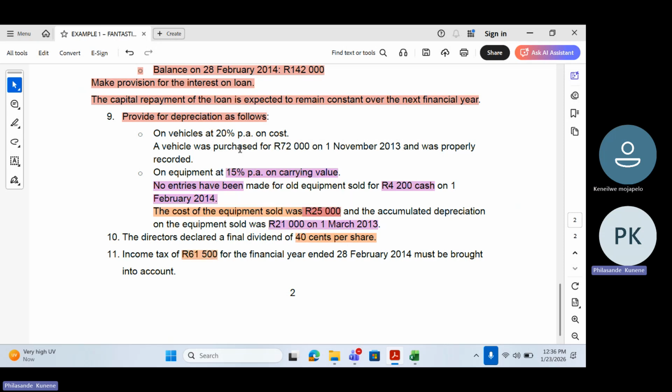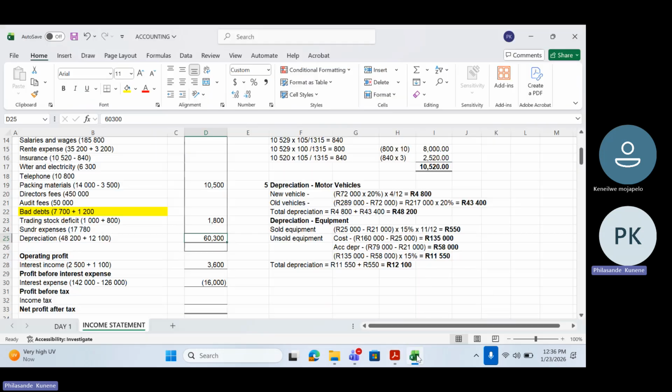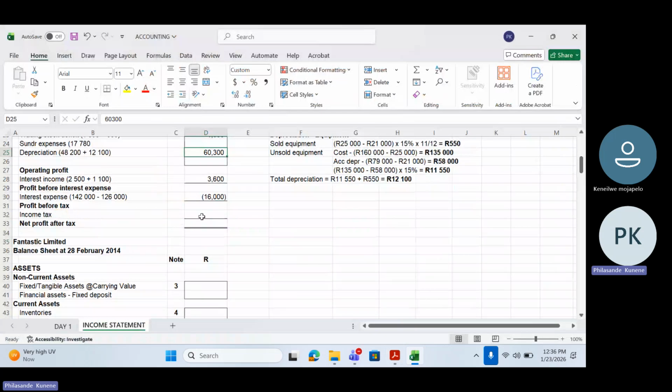So where does this one go? Income statement. Yes, so this is the income tax, right? For the current financial year, we need to go and have how much? 61,500 here. So I need to say minus 61,500 there, right? That is going to be my tax.